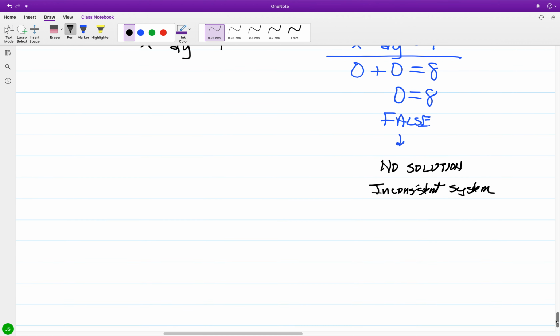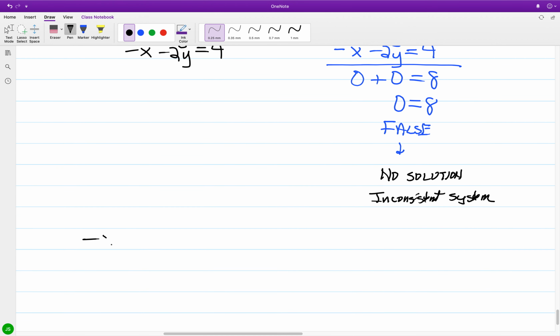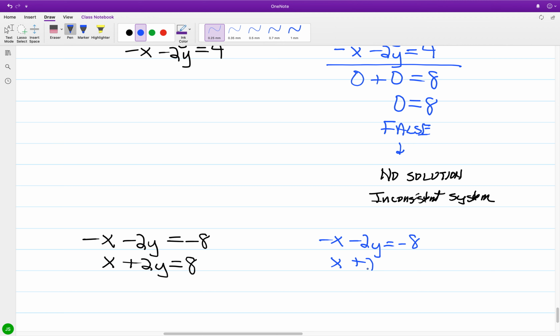For the next system, we have negative x minus 2y equal to negative 8, and x plus 2y equal to positive 8. Again, we have additive inverses. If I add these, I have 0 plus 0 equal to 0.